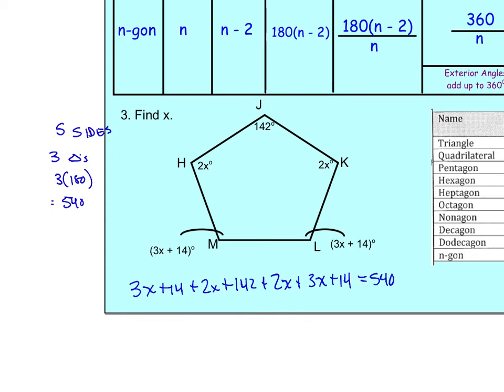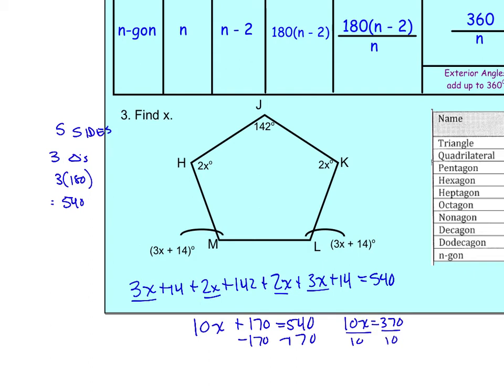Now it's just a big algebra problem. 3x, 2x, 2x, 3x will be 10x. And then 142 plus 14 is 170. Now it's just doing a little algebra. 540 minus 170 is 370.